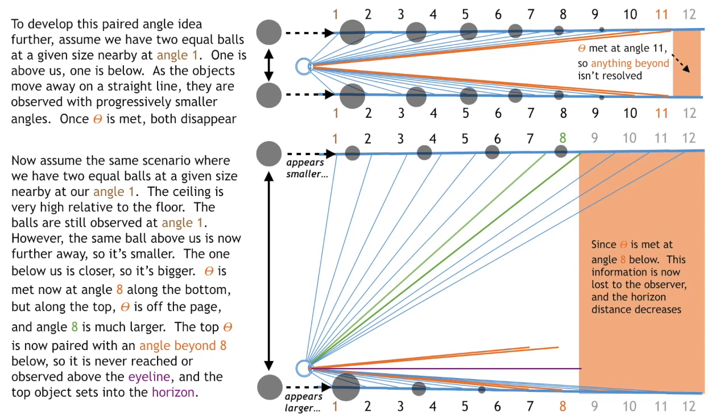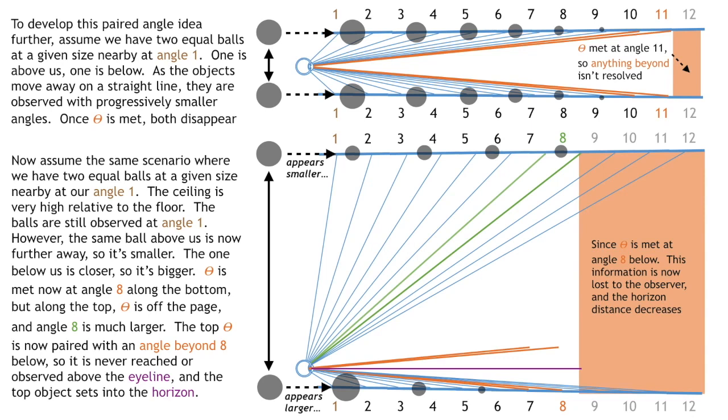So our angle 8 now along the top, you can see, is much bigger in comparison to angle 8 along the bottom. And if we try to find what theta would be, what angle that would correspond to, what number, I guess, along the top, it's off the page. It would be in the hundreds, possibly.